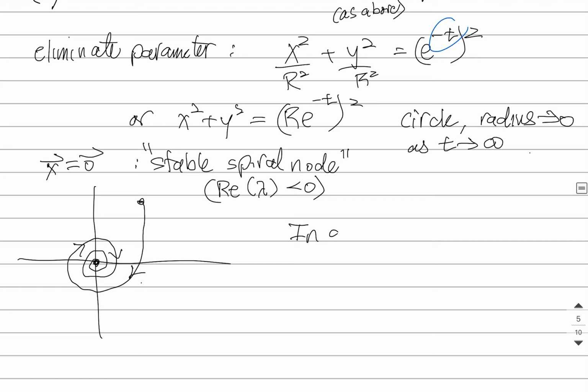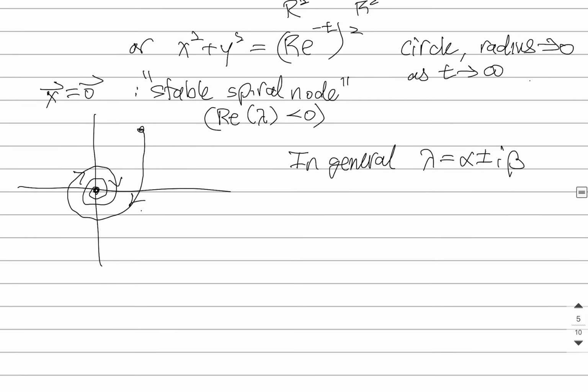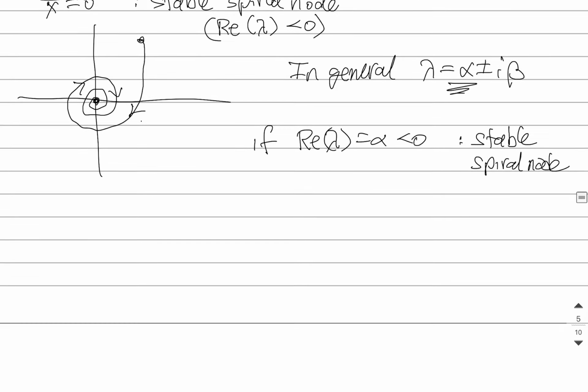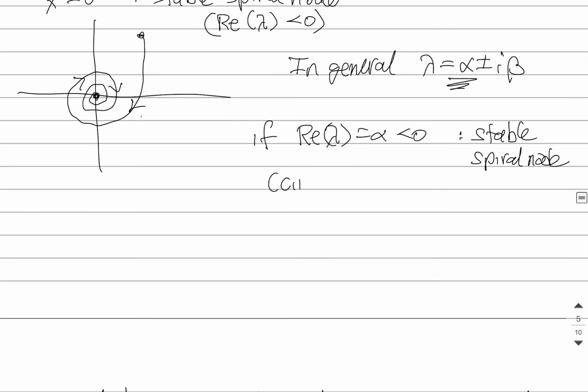Now, in general, when we have this lambda as alpha plus or minus i beta, two options are possible. If, as we just discovered, the real part of the eigenvalue alpha is less than 0, you'll have what's called a stable spiral node. Now, these nodes could be circular, they could be elliptic, they could be a rotated ellipse.